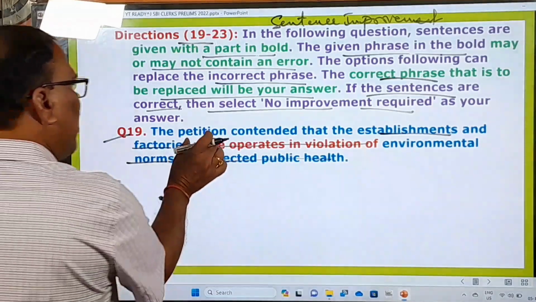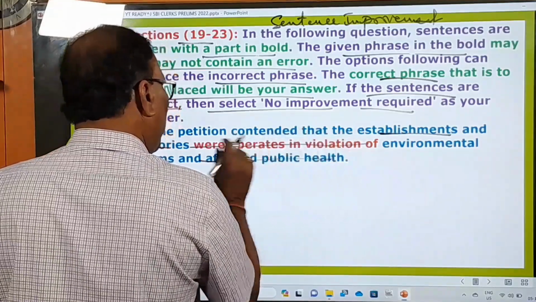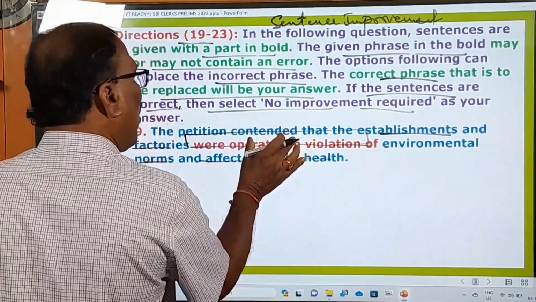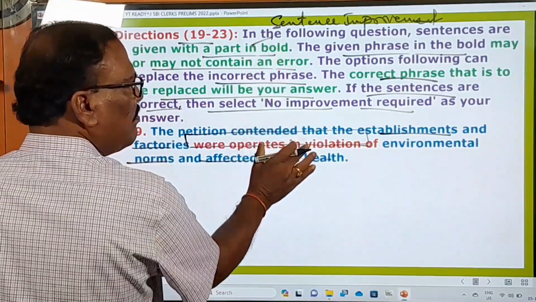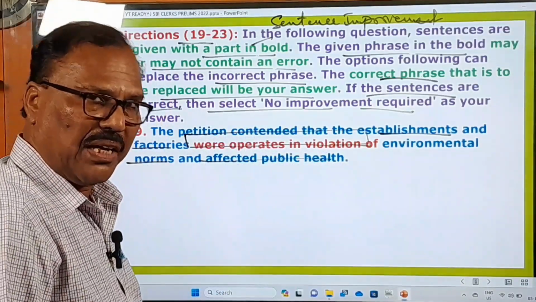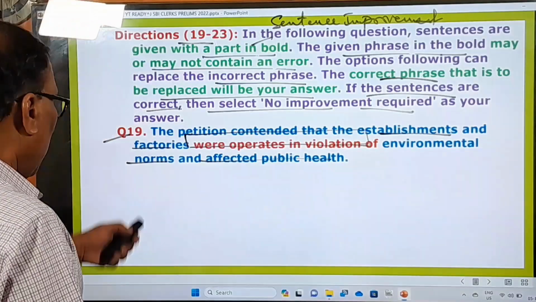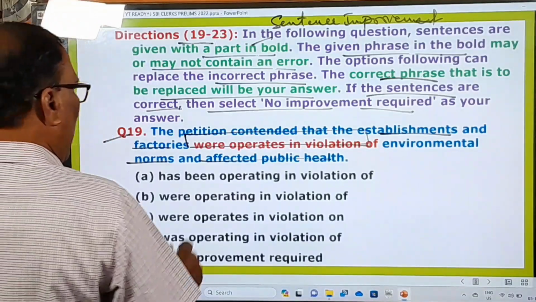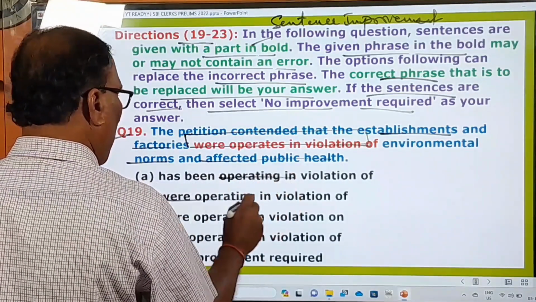So here, 'were operate in violation of' is underlined or given in bold. But here I have given this part in red color for your convenience. And what are the options given? Has been operating in violation, were operating in violation.